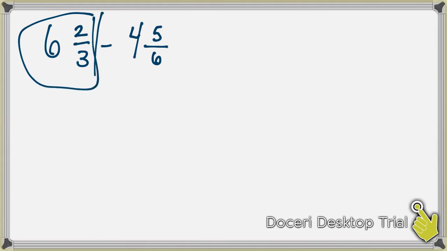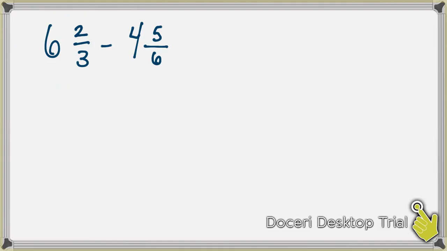So if I said something like 6 and 2/3 minus 4 and 5/6. All right, you can see the signs are different. Here it's positive and the 4 and 5/6 is actually negative.